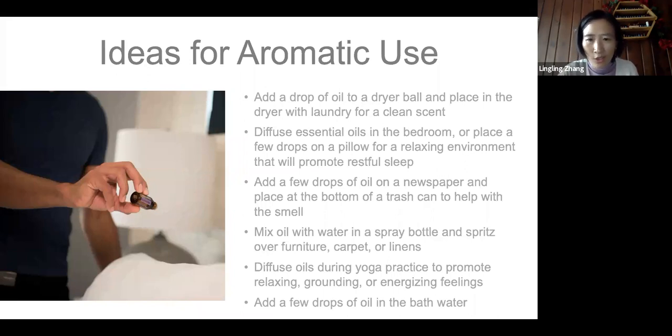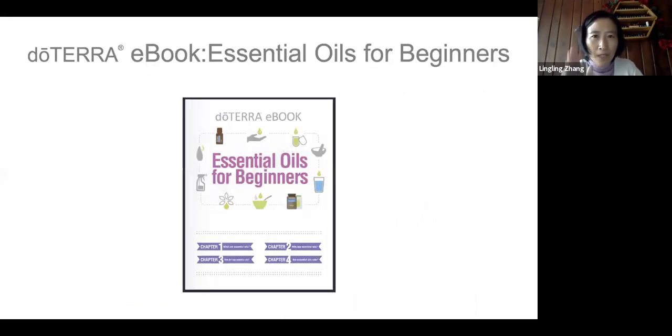I love Aroma Touch, very relaxing. So those are some ways. There are, of course, many other ways you can use oils aromatically. Lastly, you can download the ebook Essential Oils for Beginners. We talked about this last time. You can download it for free, and it will tell you how to use them.